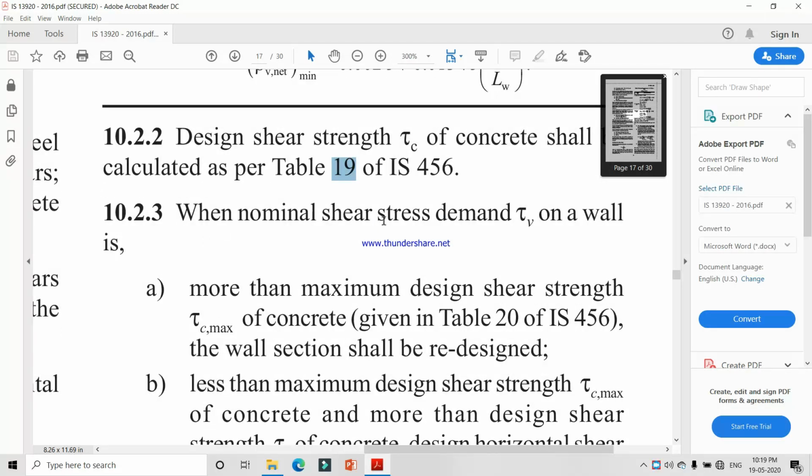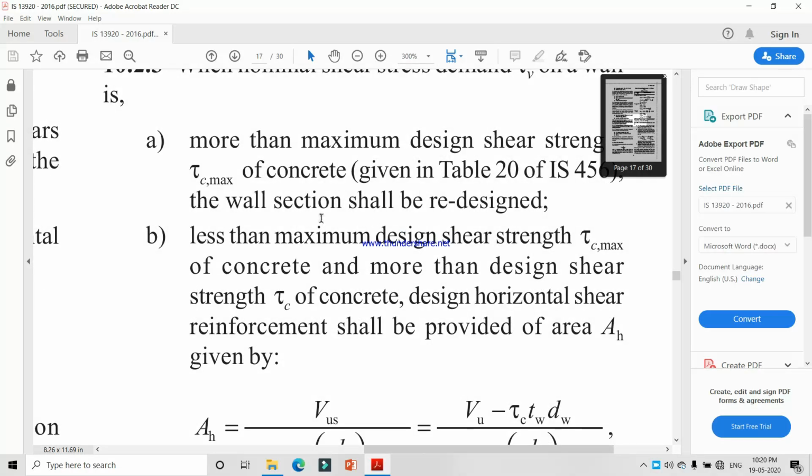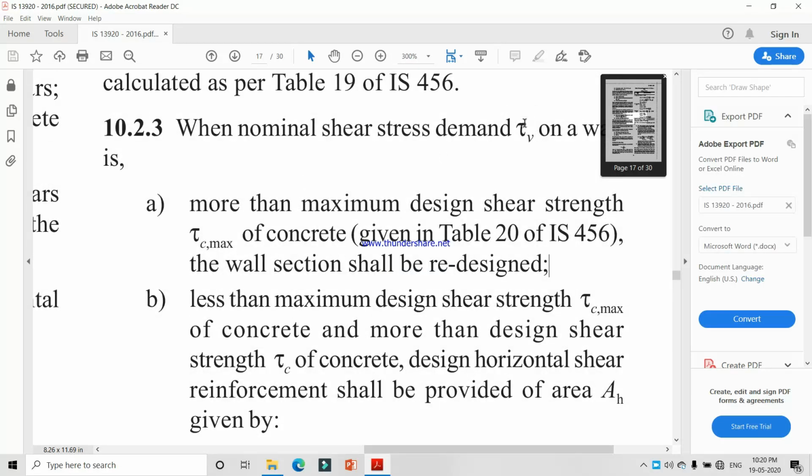The nominal shear stress demand tau V depends on its value. If the tau V value is more than tau C max, then we have to redesign the structure, because generally tau V is always less than tau C. If we are redesigning, then we get tau V less than tau C. We have to add more reinforcement in this case.